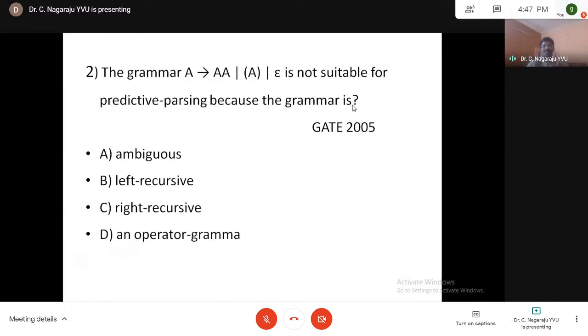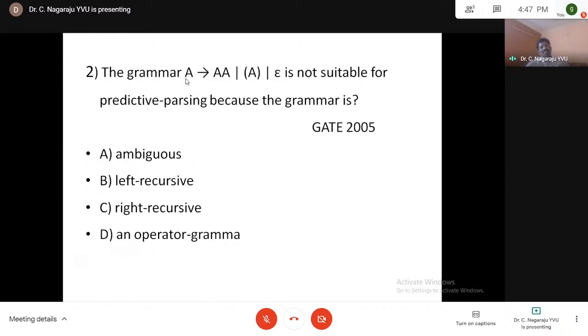If the grammar has any of these, it is definitely not possible to build the top-down parser, so you have to eliminate them. But here the grammar is given, so why is it not suitable for leftmost derivation?